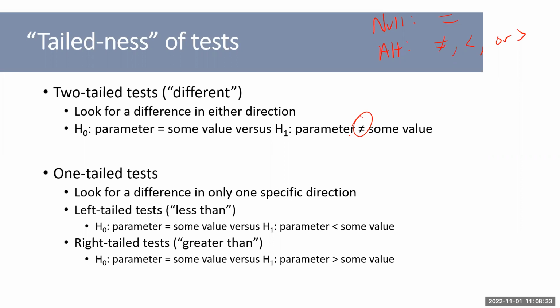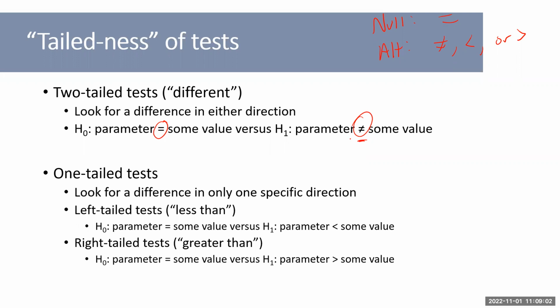Your null hypothesis is going to be that the parameter equals some value, and your alternative is going to be that your parameter is not equal to some value. Now, I want you to know that your null hypothesis and your alternative hypothesis are completely identical except for that sign. So if we're using not equal to, then we have a two-tailed test because we're looking at both tails. We're looking to see if it's on the less than side and if it's on the greater than side.